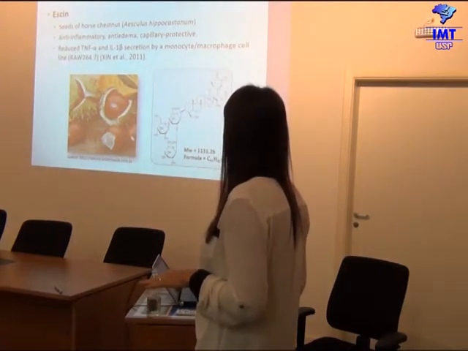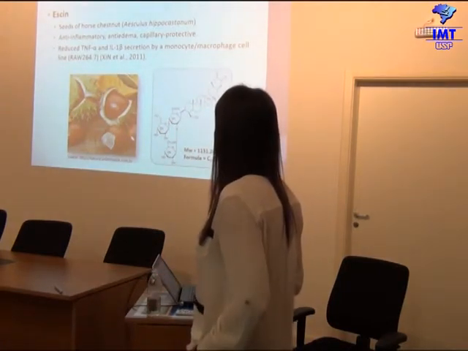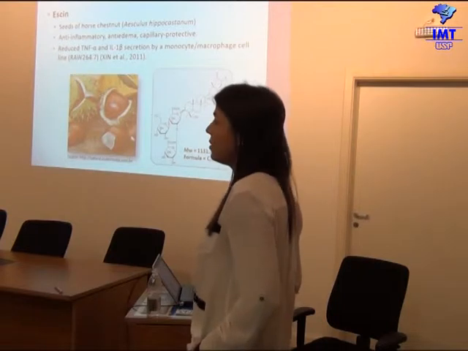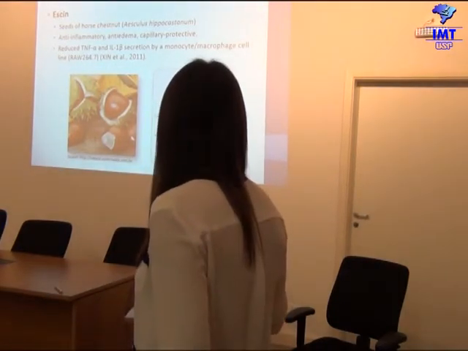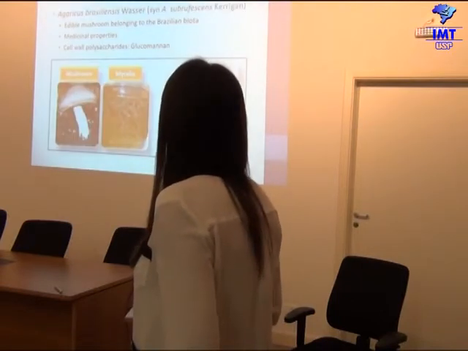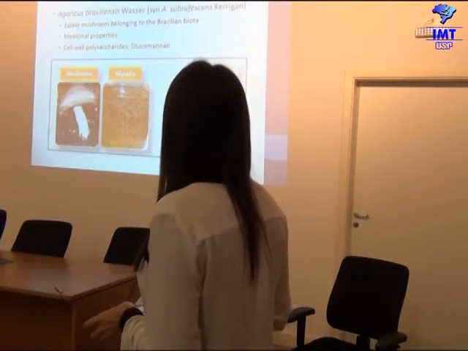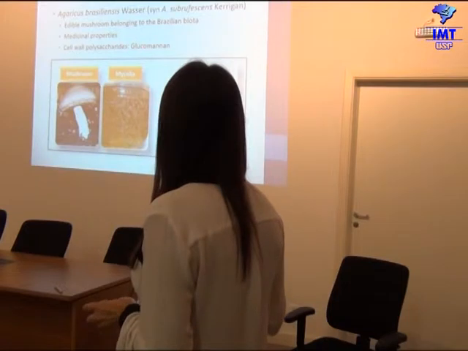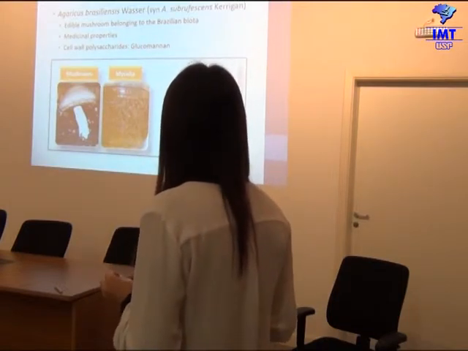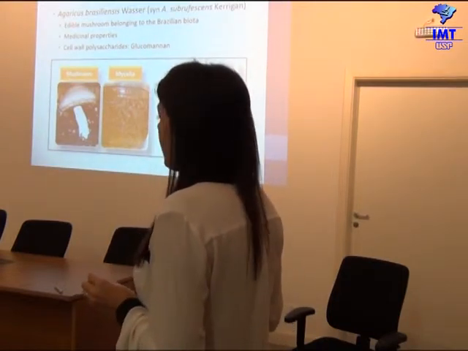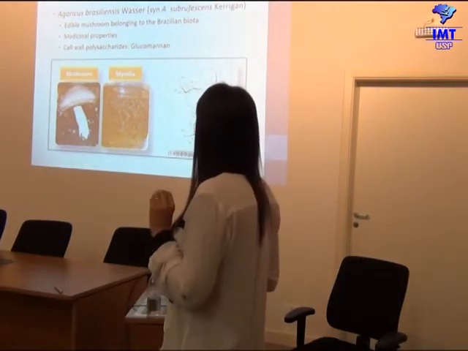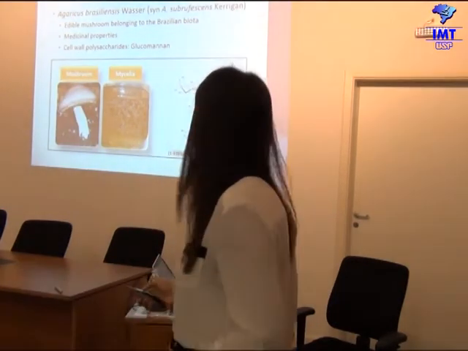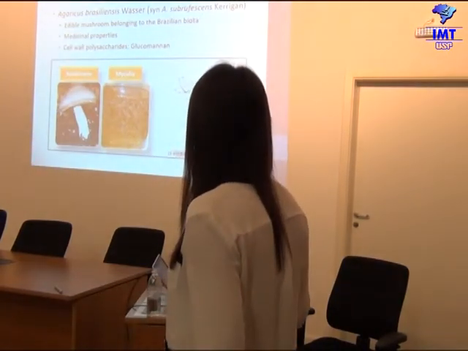Also, some studies have shown that escin reduces TNF-alpha and interleukin-1 secretion by monocytes. And we will also test this polysaccharide, which is a glucomannan, here's the structure, extracted from Agaricus brasiliensis, which is a mushroom native from the Brazilian biota.